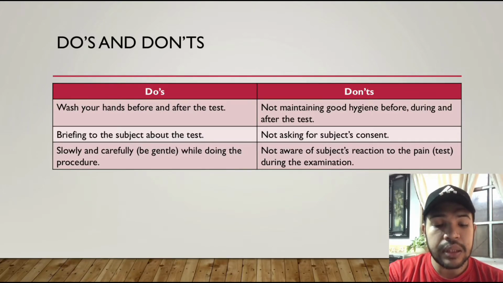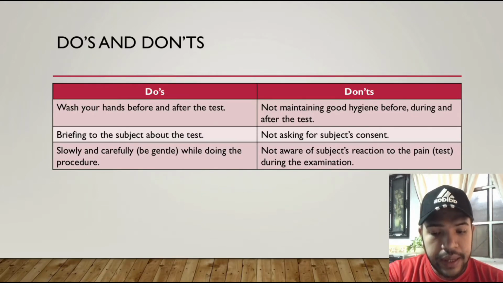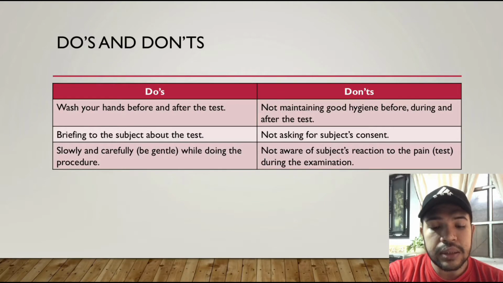And the second don't is not asking for the subject's consent before beginning the test. The third do is to be slow and careful, which means be gentle with the patient or subject while doing the procedure. And the third don't is not being aware of the subject's reaction to the test, which means their pain during the examination.